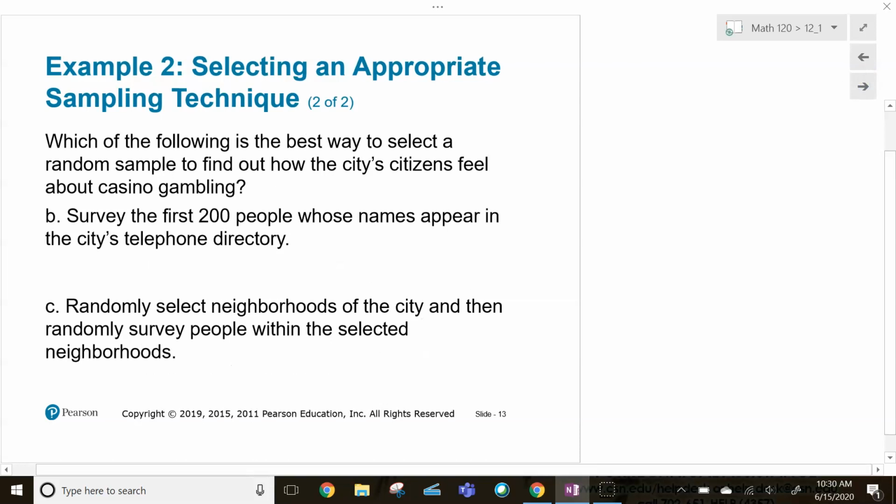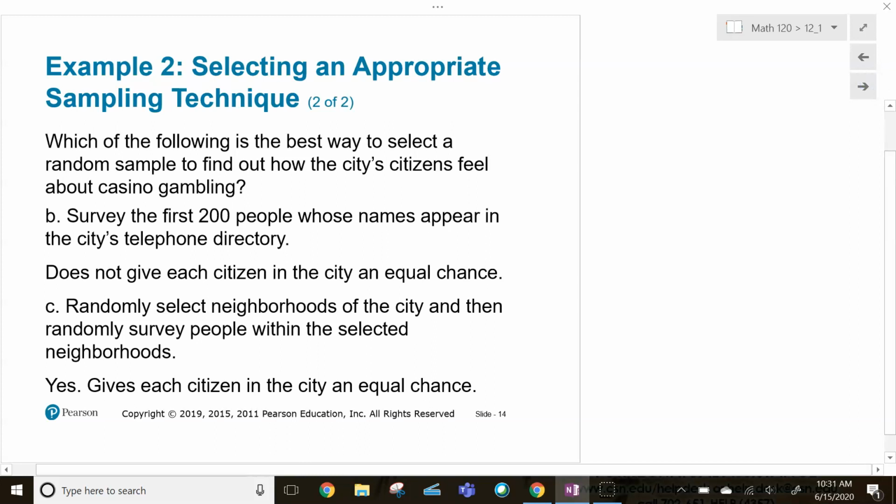Is B a good way to select a random sample: survey the first 200 people whose names appear in the city's telephone directory? No, because again, it does not give each citizen an equal chance to be selected. So how about C? What if we randomly select neighborhoods of the city and then randomly survey people within the selected neighborhoods?